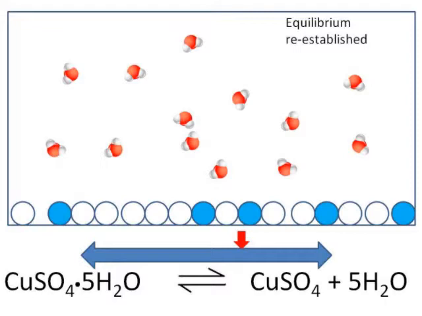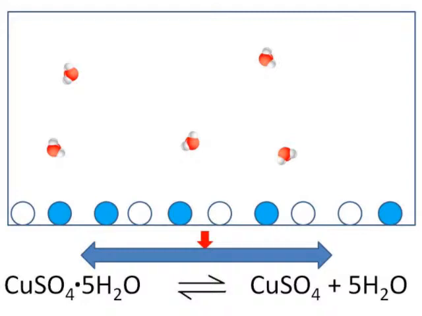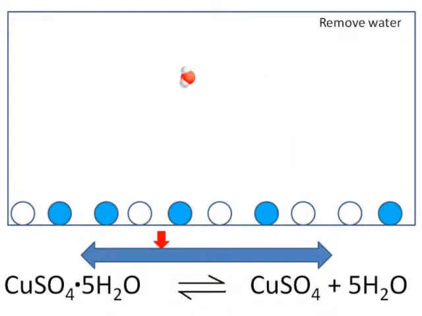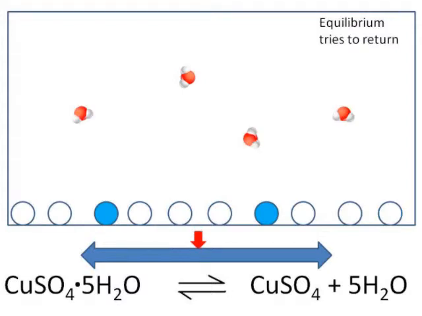Consider this situation. Here's a 50-50 mix of blue and white, and what we're going to do is take away water. Now by doing that, we've disturbed the equilibrium. The equilibrium will try as best it can to return to 50-50. So more copper sulfate pentahydrate will be converted to anhydrous copper sulfate to try and get back to where the equilibrium was, roughly about 50-50.